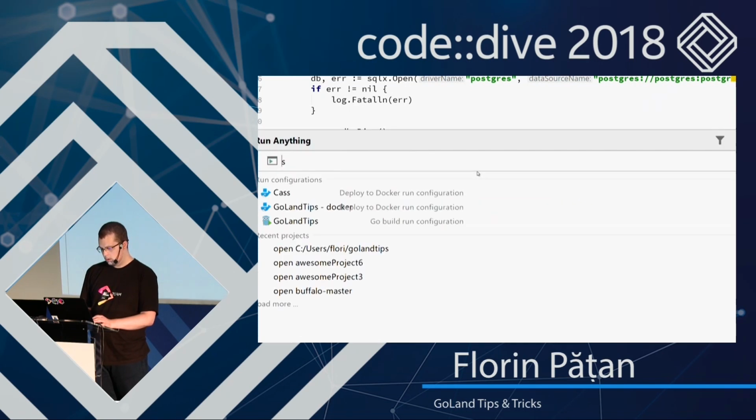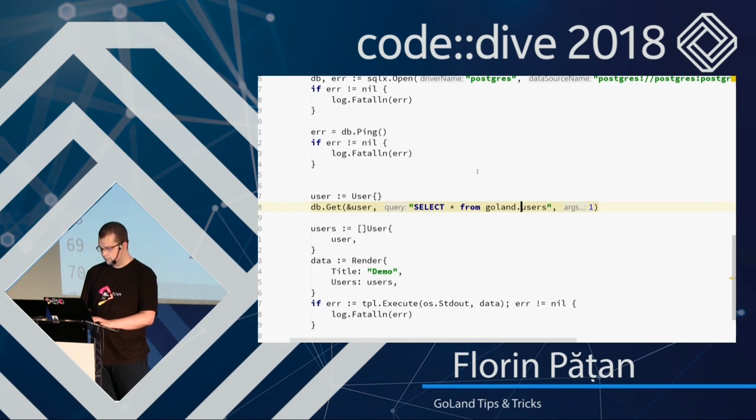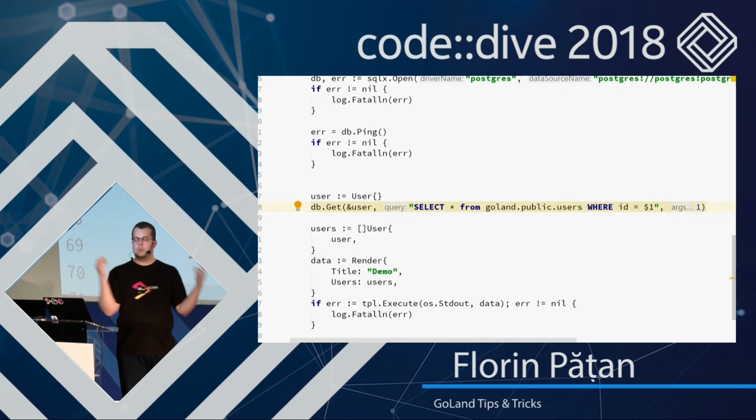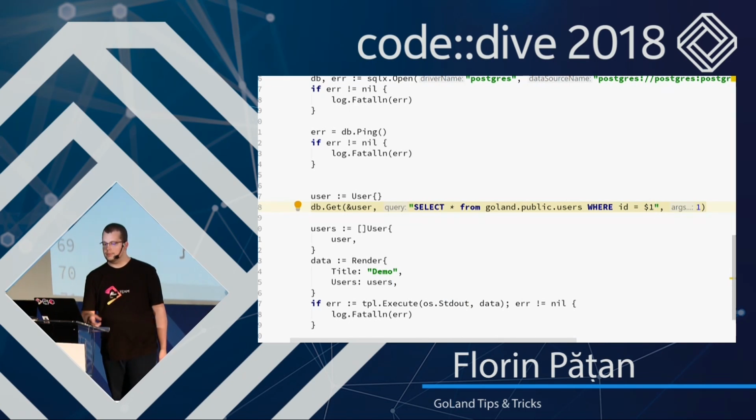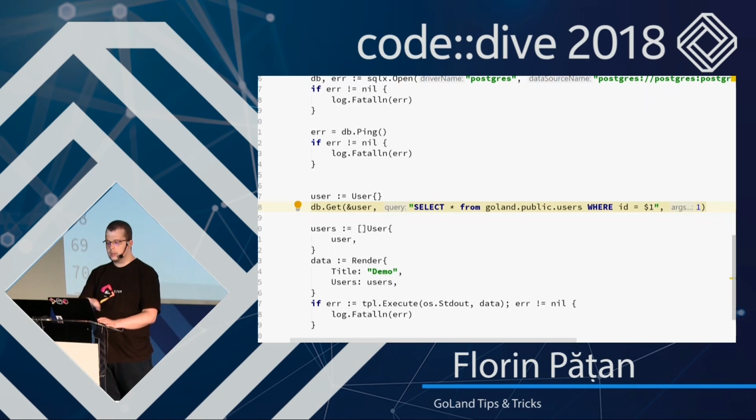Oops, sorry. Okay, where ID equals $1. So I have code completion for the SQL query as well, and if the database plugin would actually work, I would have all the nice things here as well. Fortunately, it decided not to work just before the demo.